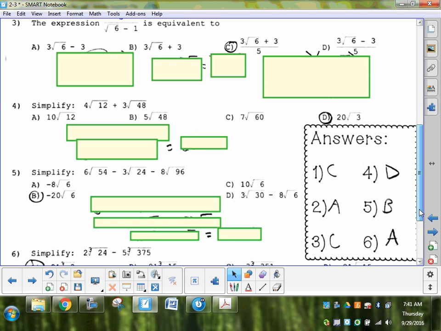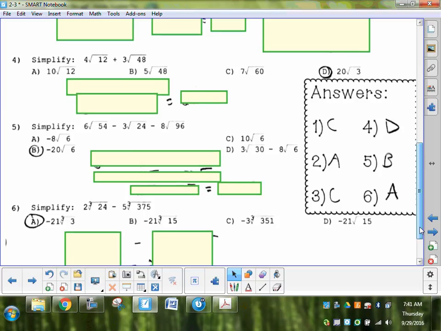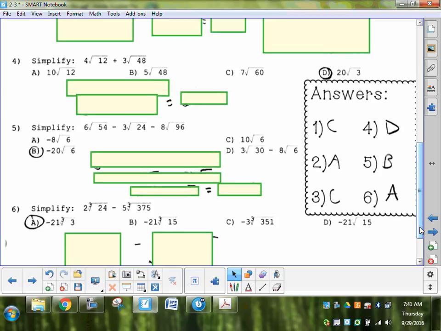Which one out of these remaining ones was the toughest, do you think? 5? All right. Taking a look at 5. What perfect square goes into 54? Maddie, what perfect square number goes into 54?